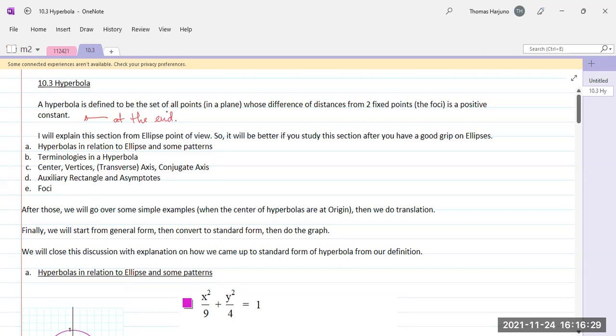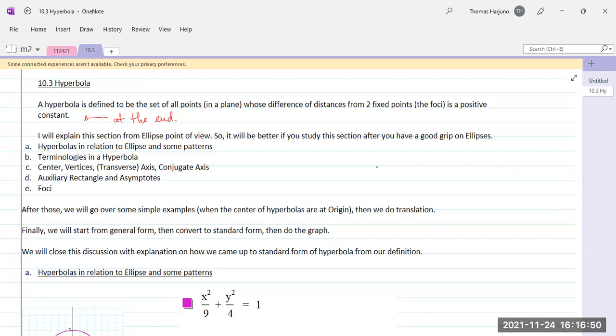I will give you a glimpse of why we say it this way later on. So we define hyperbola as the set of points on a 2-dimensional plane whose difference of distances from 2 fixed points is a positive constant.